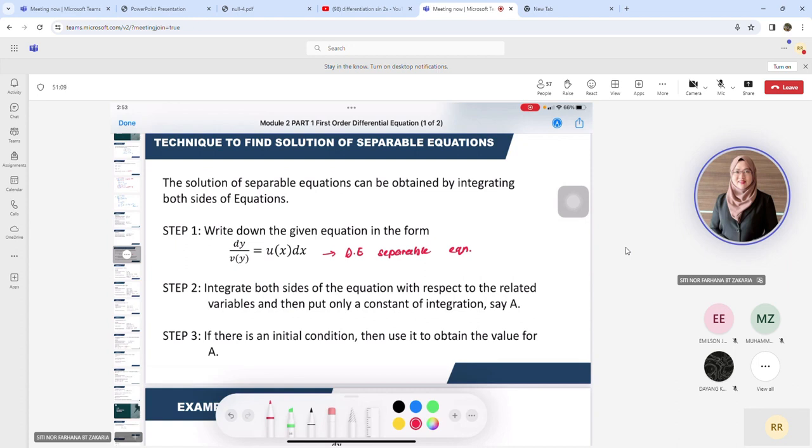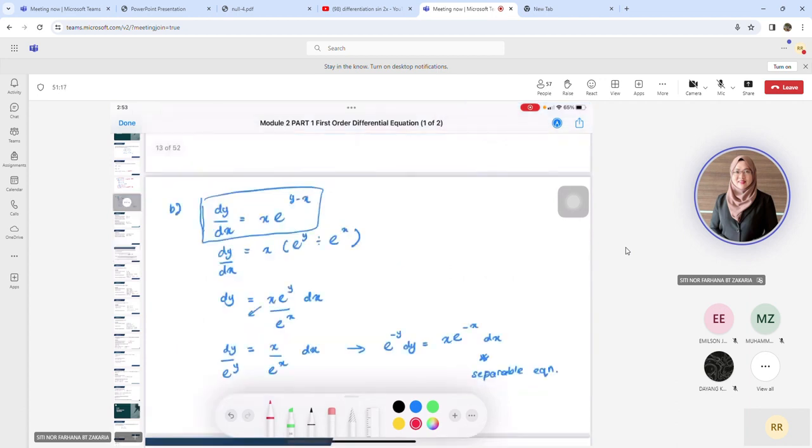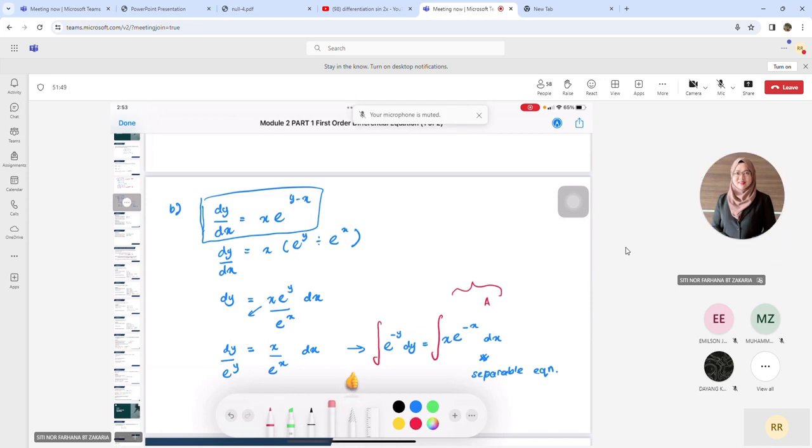Okay. Why we say that you need to put a constant of integration? Because, for example, this one, first step, you already done here. Second step, say that you need to integrate, right? So integrate here, we produce a constant, and integrate here also we produce a constant. But in this method, you only consider one constant only, which is in your right side. Is it clear?